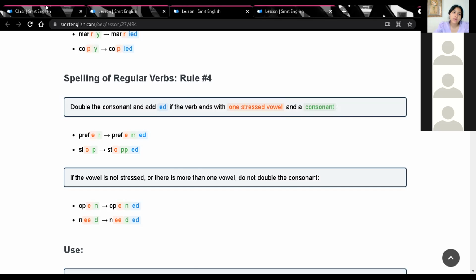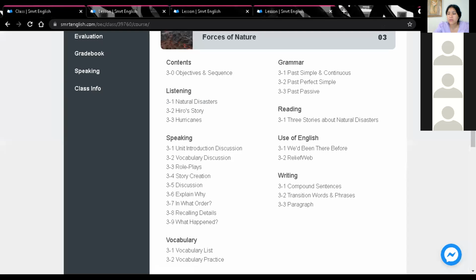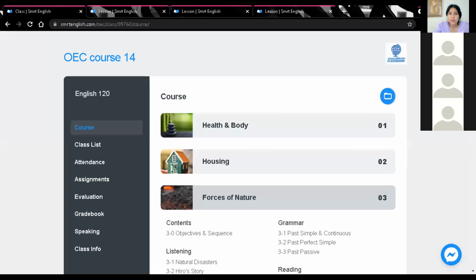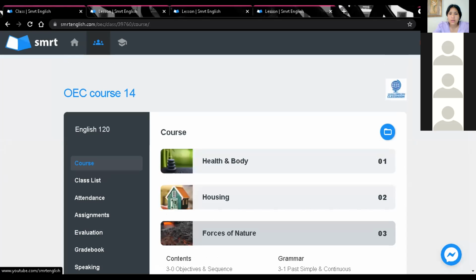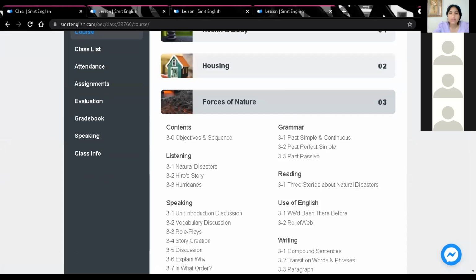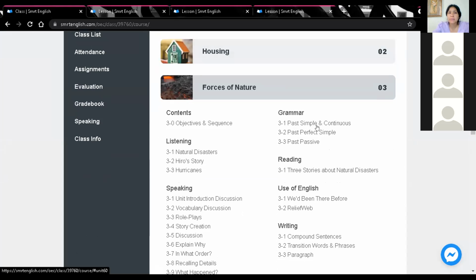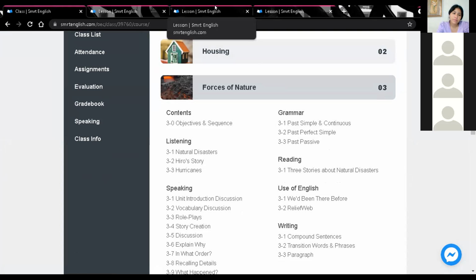Like here, this is the menu that you have, right? Oh, yeah. Okay. Unit 3, Force of Nature. Past simple and continuous. Past simple. Okay. Grammar 3/1. Okay, so here we are.